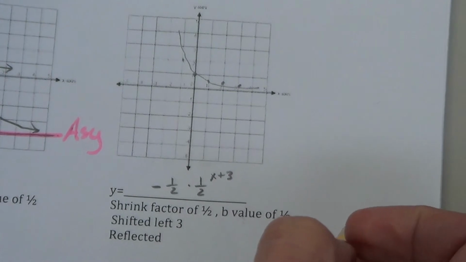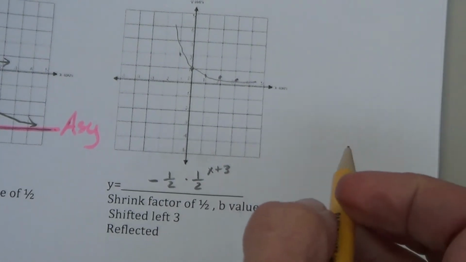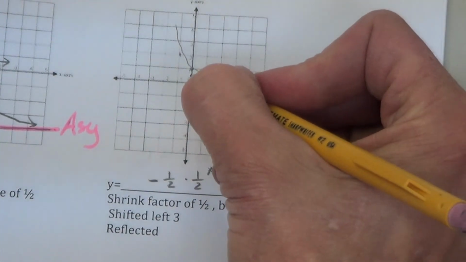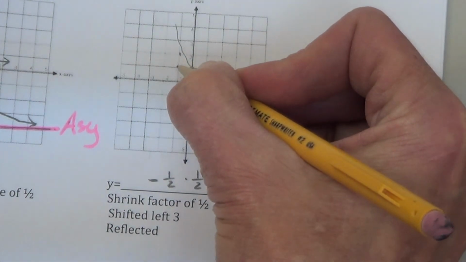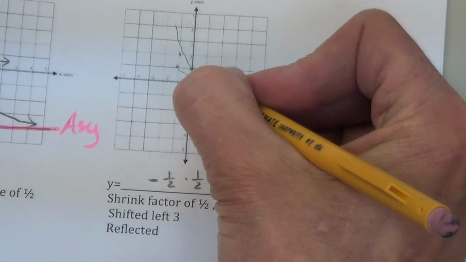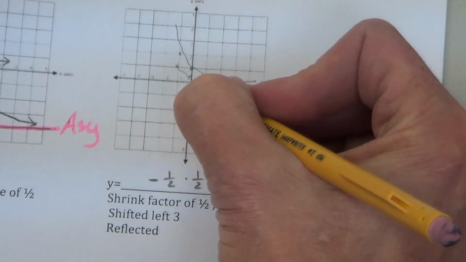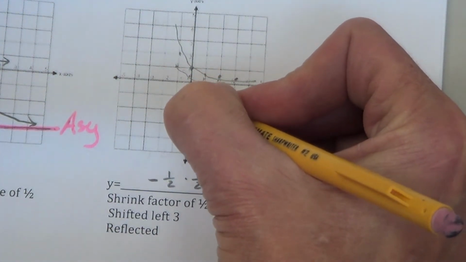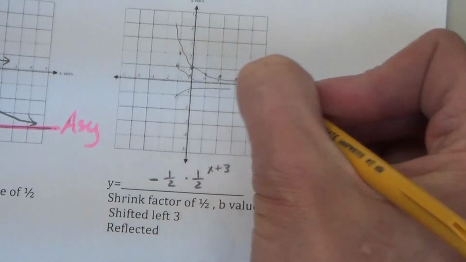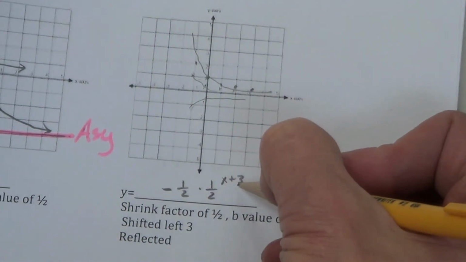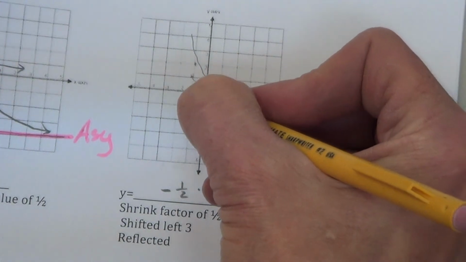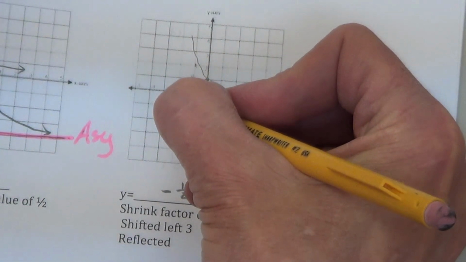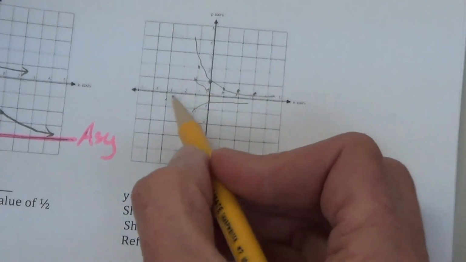All parent graphs are the same. So now we're going to shrink that, bring it down 1/2 again as close. It's going to look something like that. But then we reflect it, so now it's over on this side. And on top of that, we're going to move it to the left 3. So we move it 1, 2, 3 to the left, and we draw it over here.